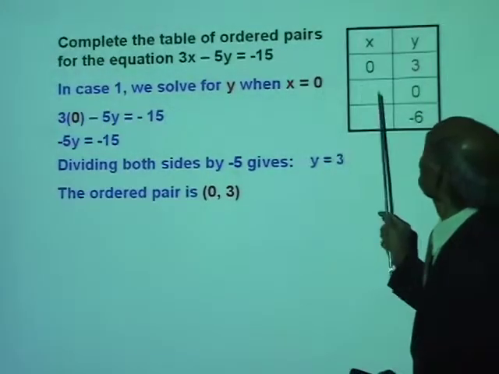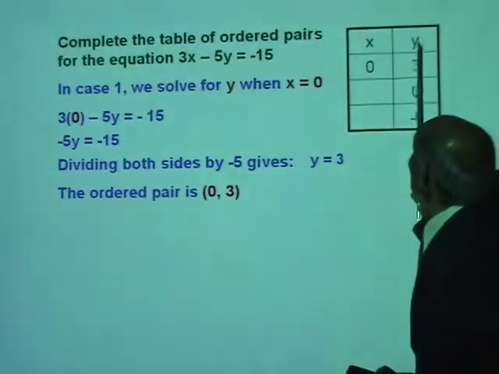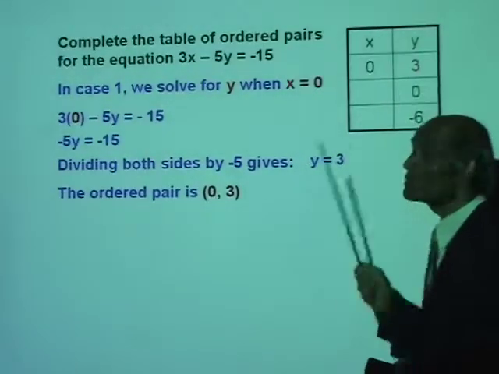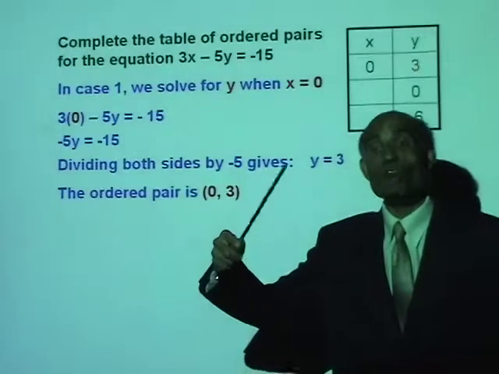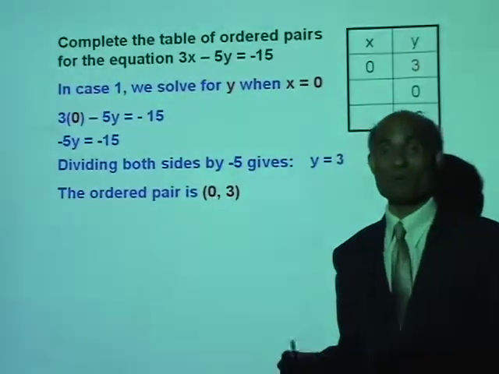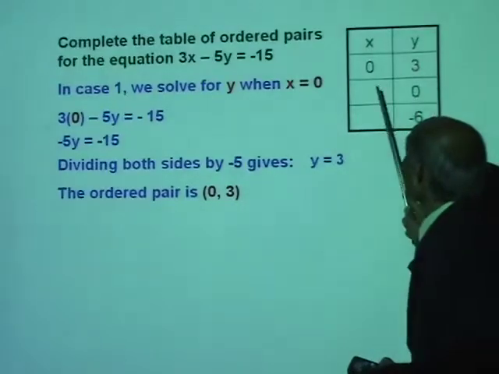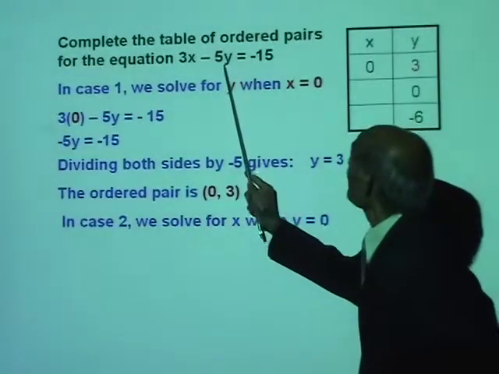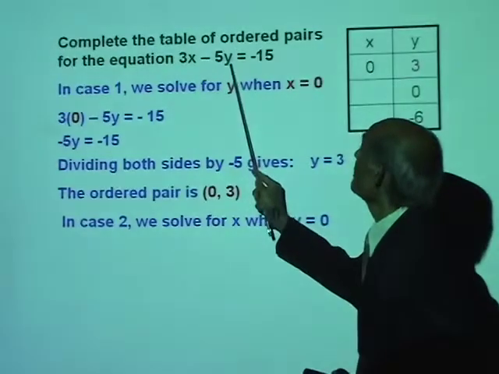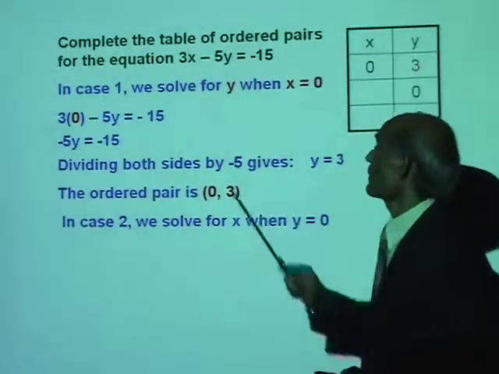Alright, let's go to the next case. Here, the output is given to be 0. You need to find what input will cause that output to become 0. You know the value of y, find the value of x. So what do we do? Replace this y by 0 and solve for x.